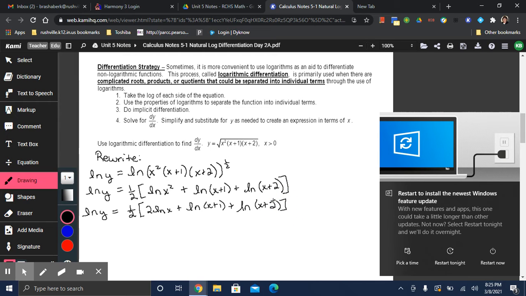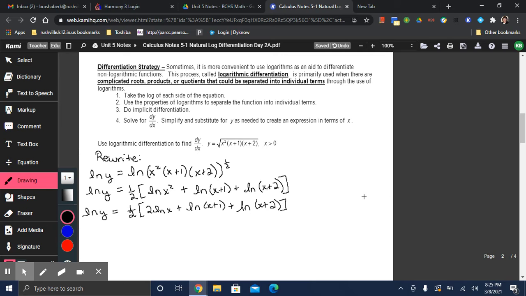And let me get rid of this update message. All right. So we'll have that as the last step of our rewrite. And now we're going to do the derivative. So we'll differentiate.